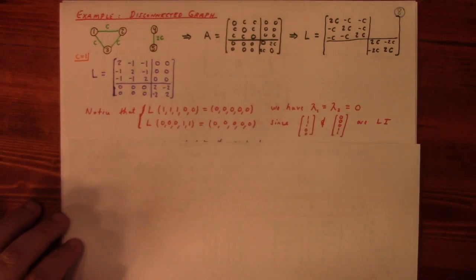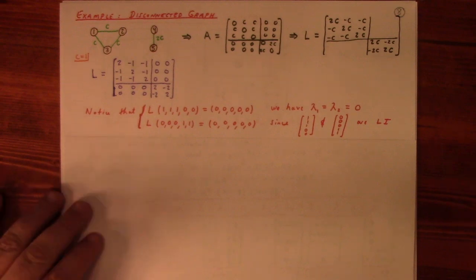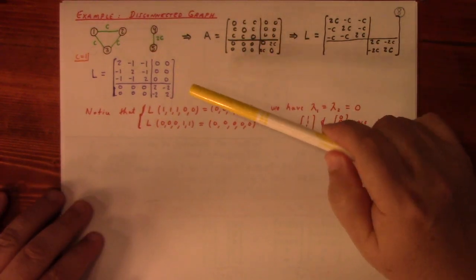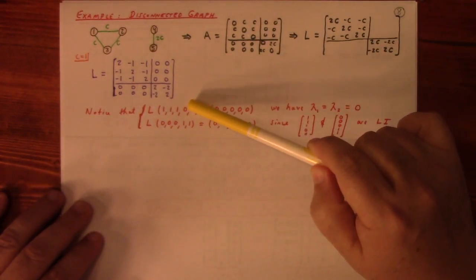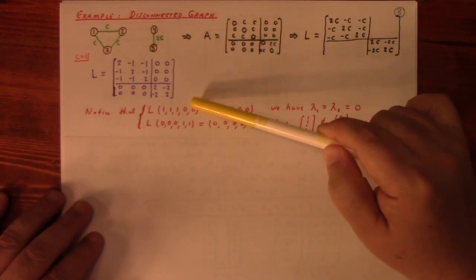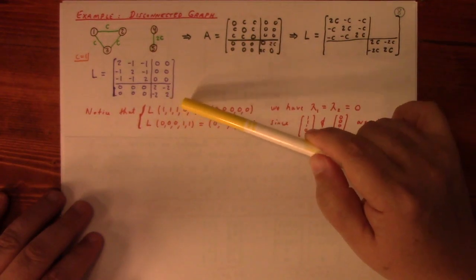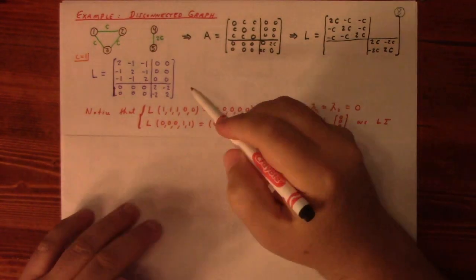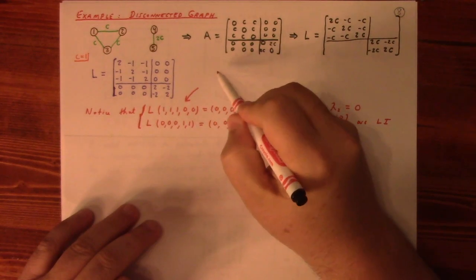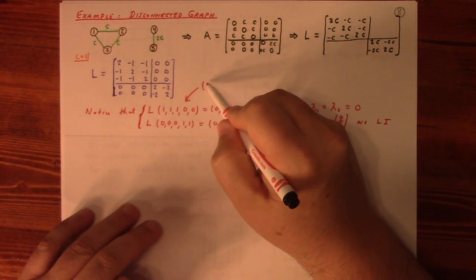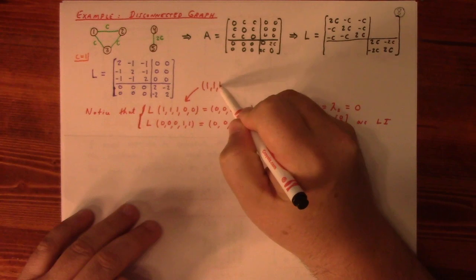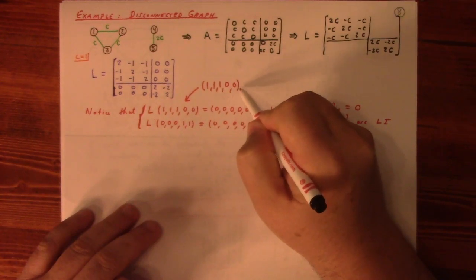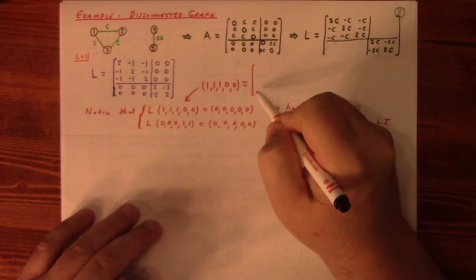I then point out that some calculations you don't need MATLAB for, right? You should be able to see that if we look at 1, 1, 1, 0, 0, think of this as a column vector, right? So just in case you don't know already, when I write this, that is a shorthand for, I'll just write it again. 1, 1, 1, 0, 0 is my notation for the column vector.